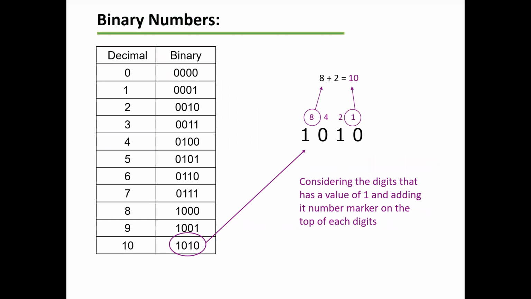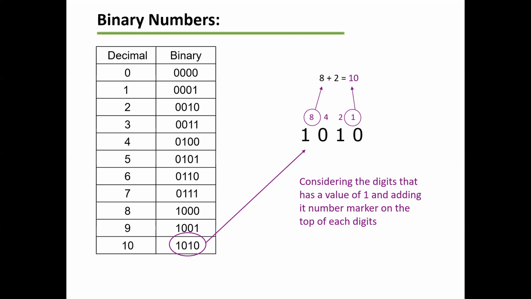Ayan, as you can see, decimal 0 is represented in binary as 4 zeros. Kung gagamit tayo ng 4 digits, gagamit tayo ng 4 zeros for our decimal 0, until 10. So ang 10 natin, ang equivalent niyan ay 1010.